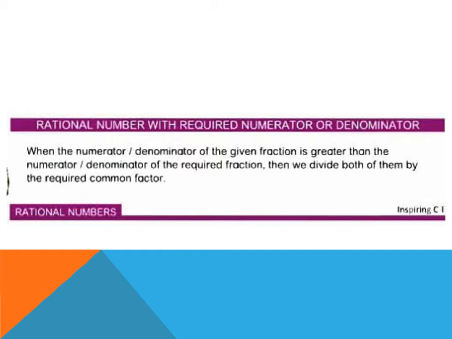If we want to change the numerator or denominator of a given rational number into a certain number, we have to multiply it or divide it with something. This concept will get clearer when we go to the problems.